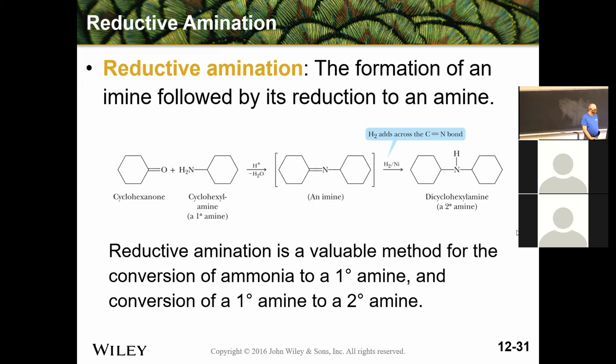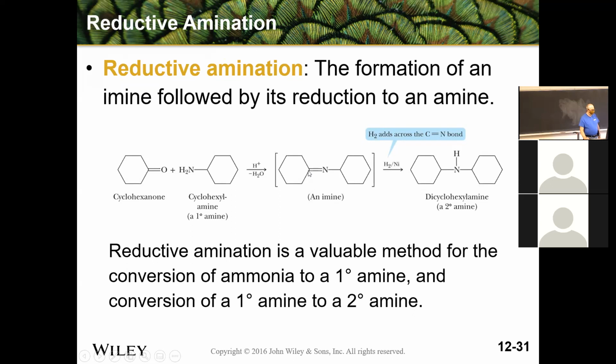So if we form an imine, there's various ways we can reduce it. For example, we could use hydrogen and nickel as a catalyst. This is in brackets because we don't isolate this. We combine everything and do it all in one reaction vessel.